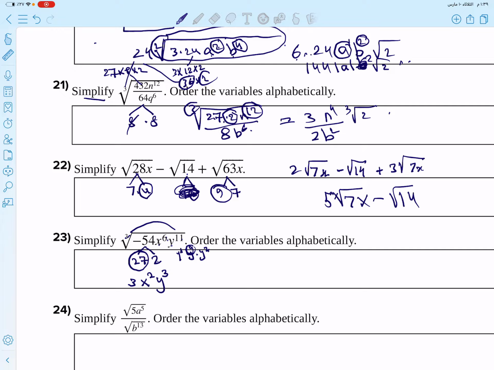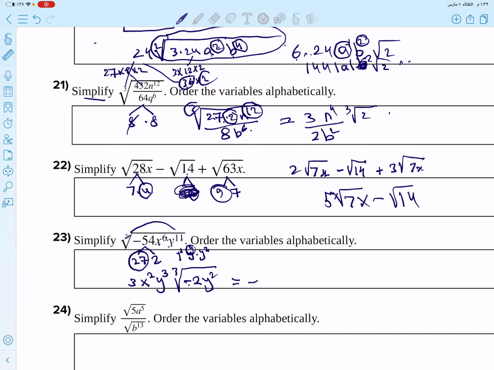So now I have here negative 2 y to the power 2. About the negative, I can write it outside the cube root.